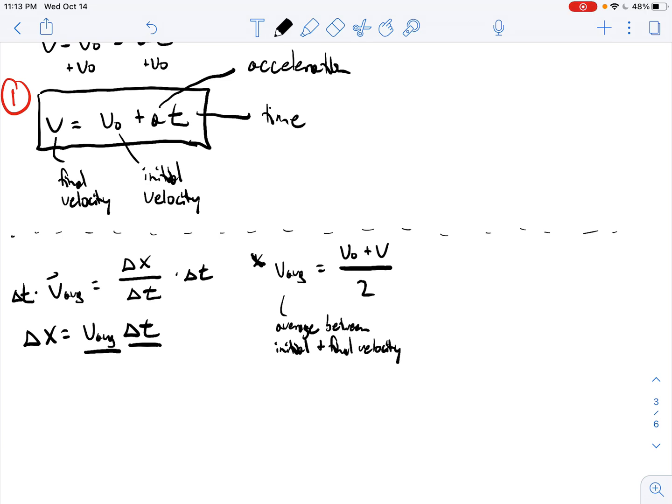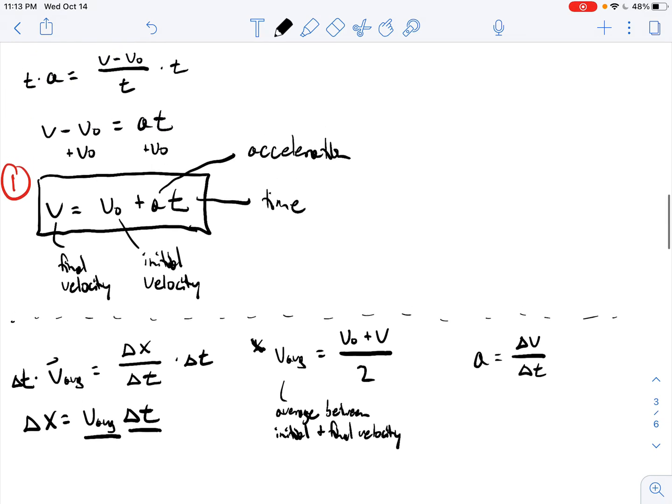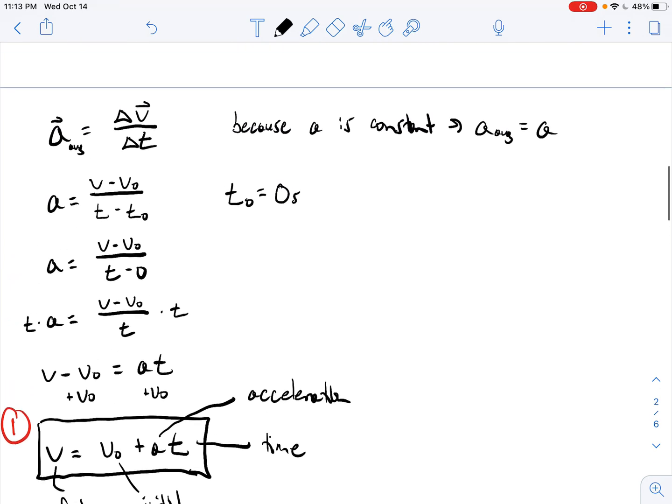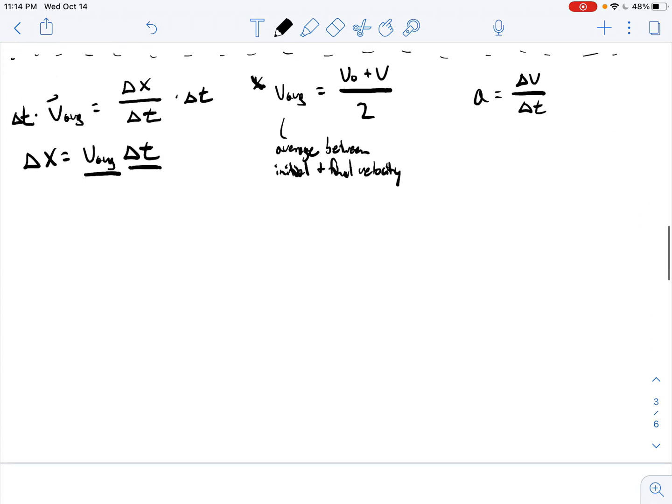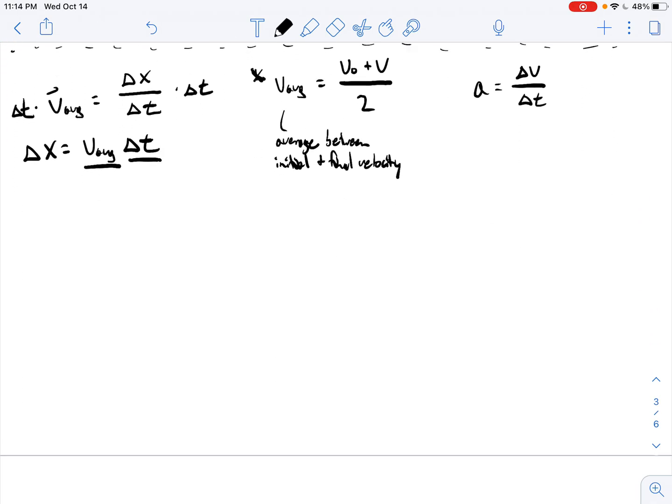But before we do that, we're actually going to revisit that equation we had for acceleration, which is a equal to delta v over delta t. Because these kinematic equations only apply when our acceleration is a constant, we can rewrite our average acceleration as just a for acceleration.